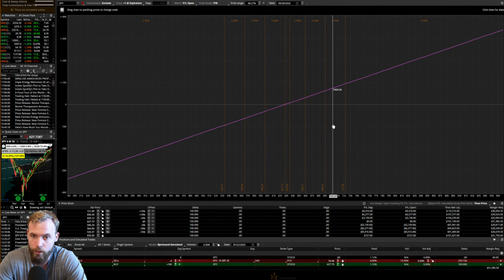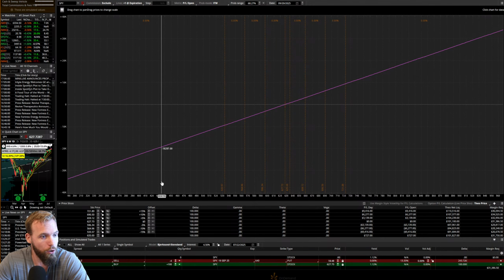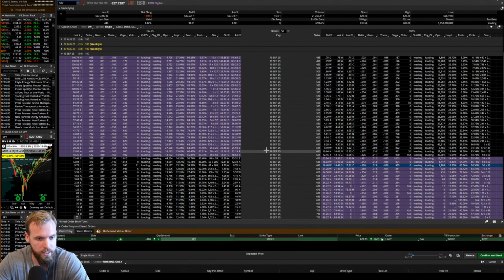So then from there, I can attach a probability to it. I could say, what's the probability of us hitting 702 over the life cycle of this 19 SEP trade? So I can go to 19 SEP and find a strike closest to 702. In this case, it's between these two, so I can interpolate a little bit.